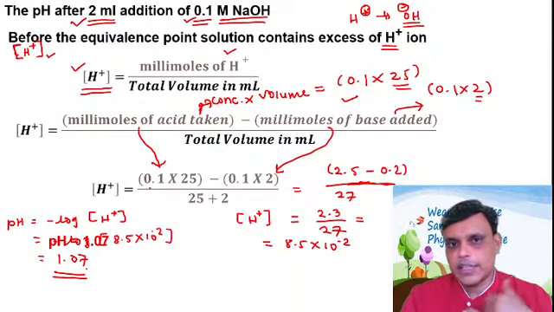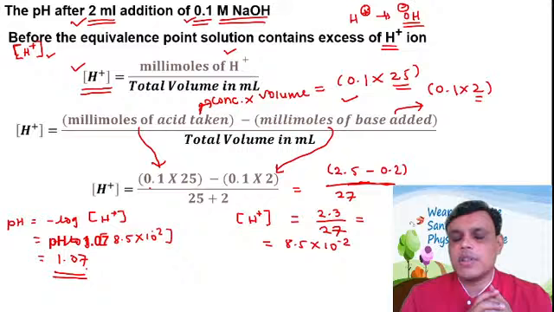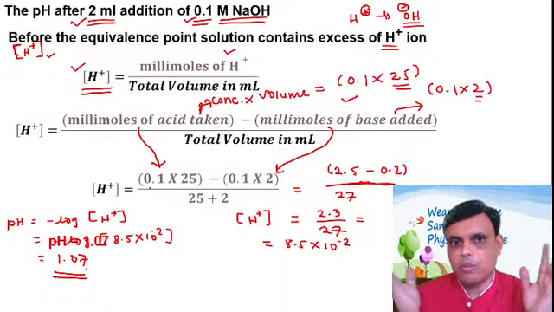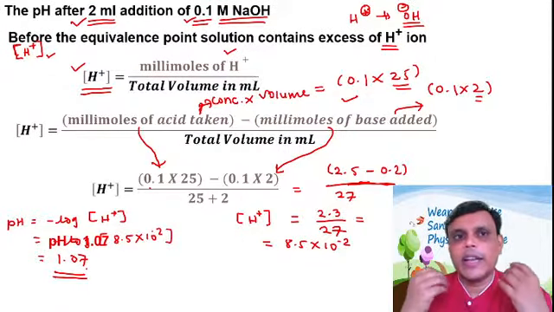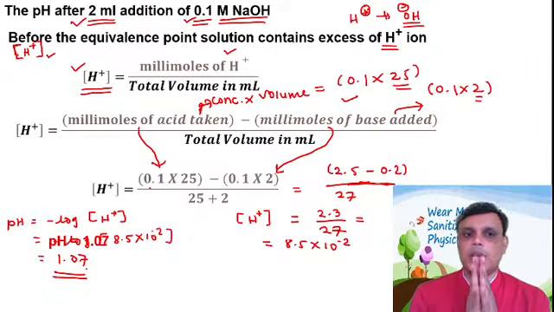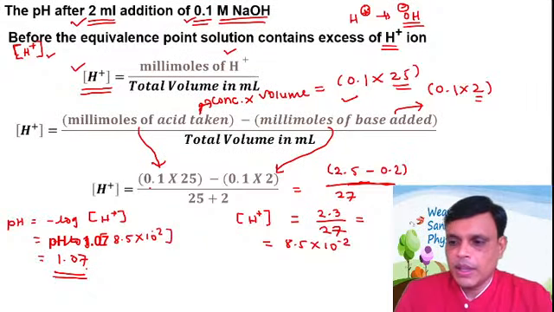That is millimoles of acid taken minus millimoles of base added. And the formula for millimoles is concentration into volume. Apply the same for the base and put the values in this equation, and you will get the H plus ion. Once you know the H plus ion, you can calculate the pH. Yes or no, can you do it or not, tell me.